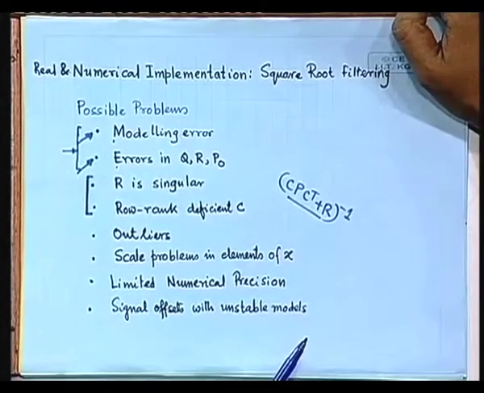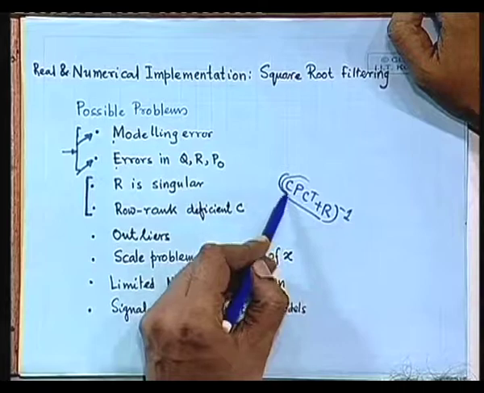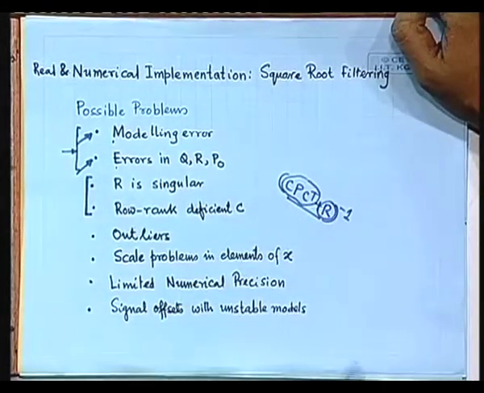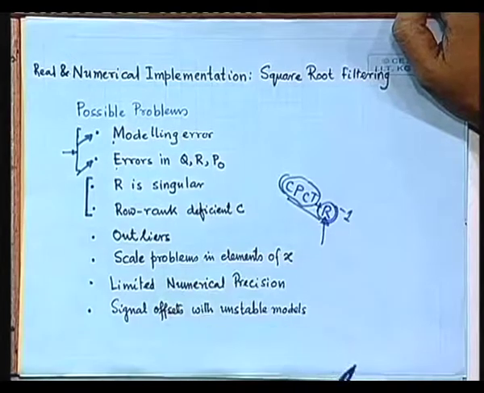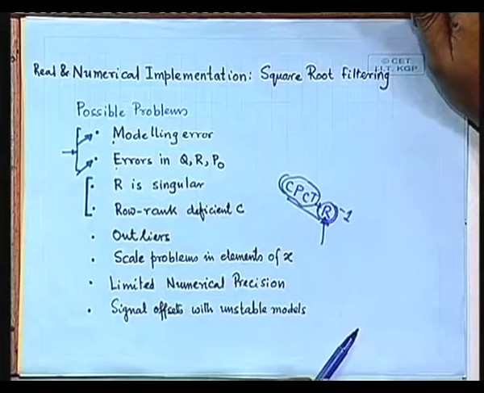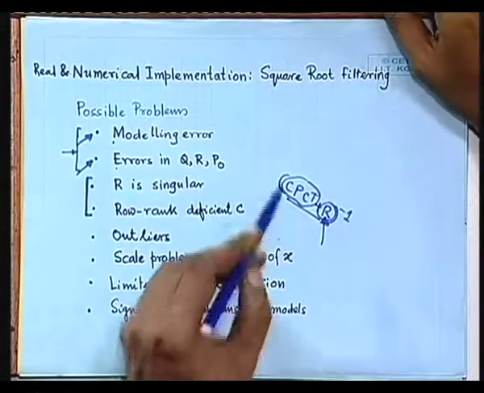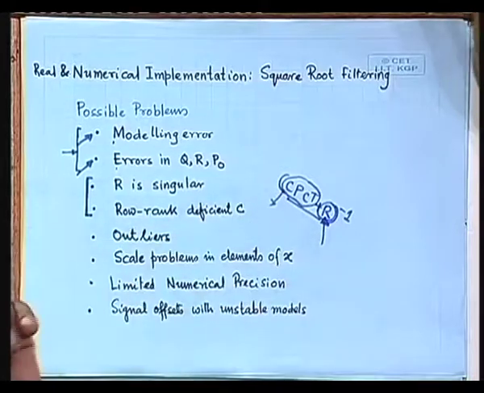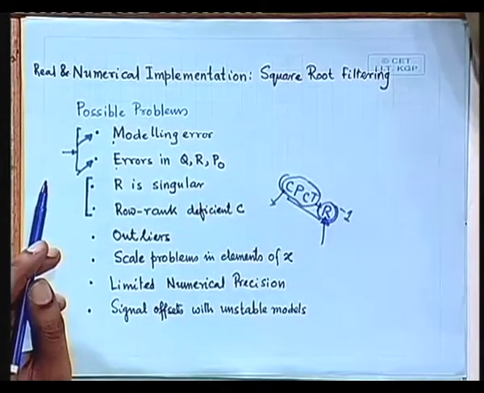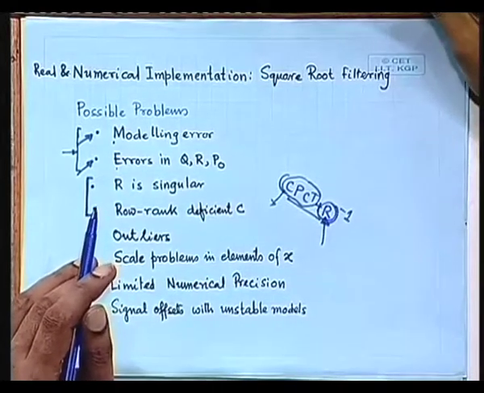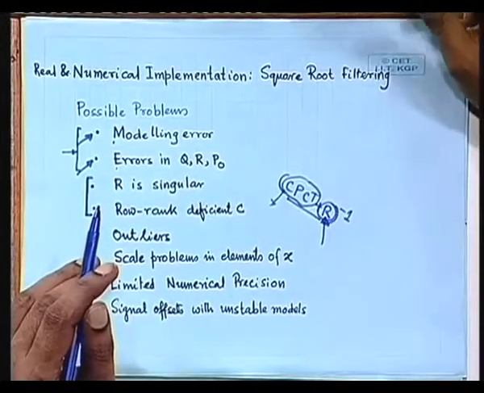Why? If the conditions of these deteriorate. So if R is nearly singular, or if CPC transpose is singular. Now CPC transpose will definitely be singular if C does not have full row rank. That is, all the rows of C are not independent.